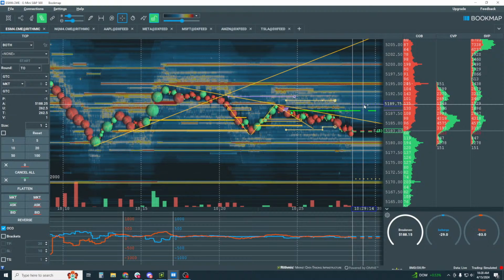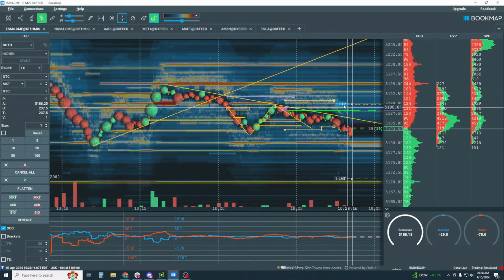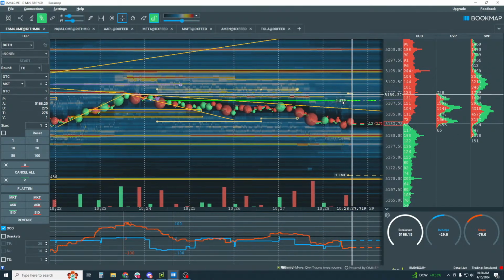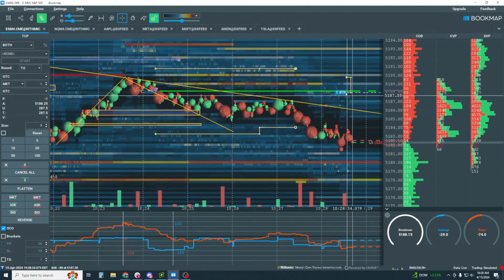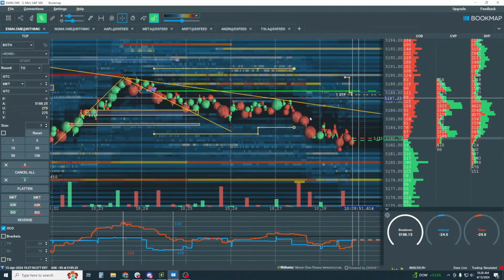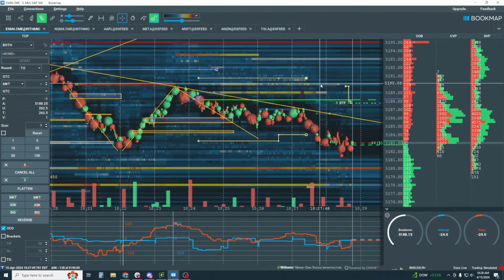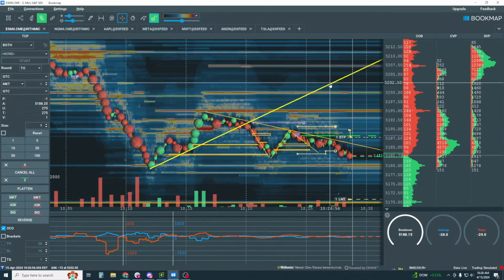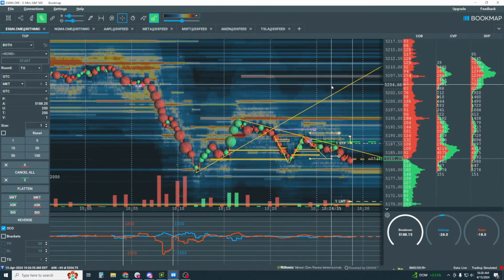I'm going to hold the shift key down, and I'm going to left click again, and there's my stop. Now you can move them around. If I want to move it down to break even plus, you can do that right there. So there we go. Now we can manage this trade, and we're looking for this to run basically.